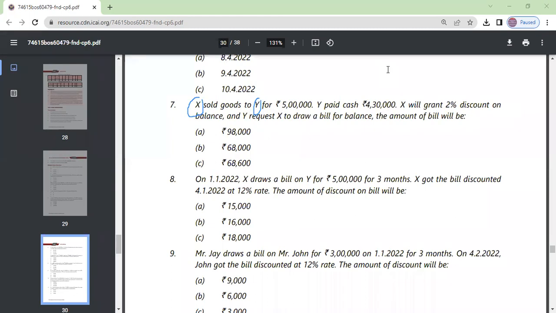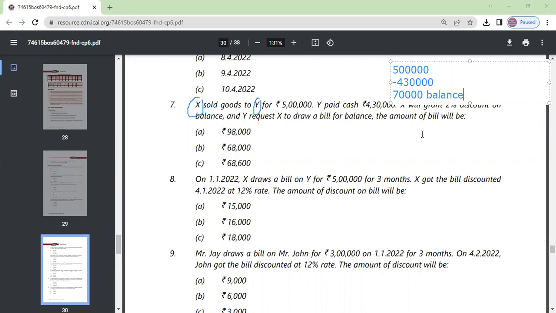Okay, you can see sales amount is 5 lakhs. In this, Y paid in cash 4,30,000. So minus 4,30,000. What about balance amount? 5 lakhs minus 4,30,000. Balance amount is 70,000. Up to now, balance amount is 70,000.